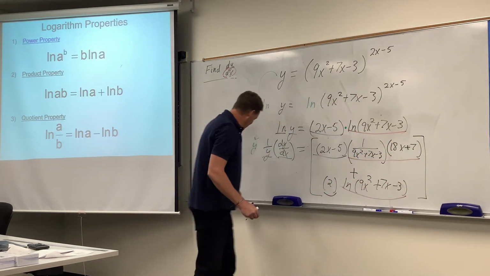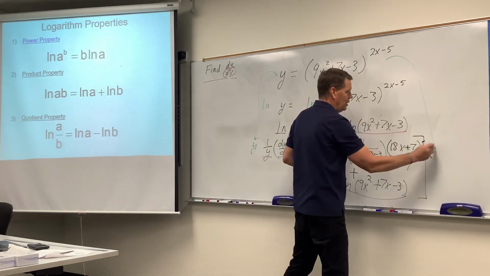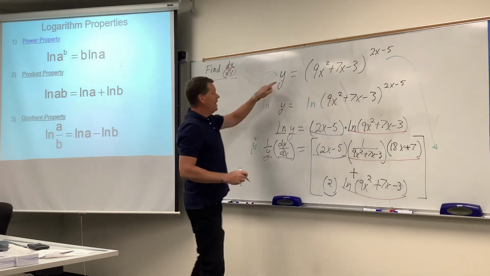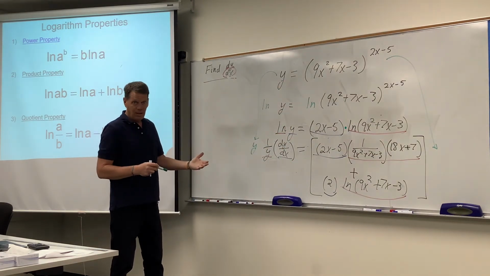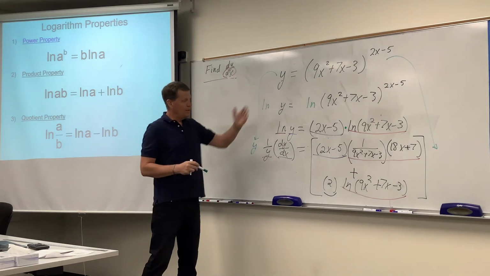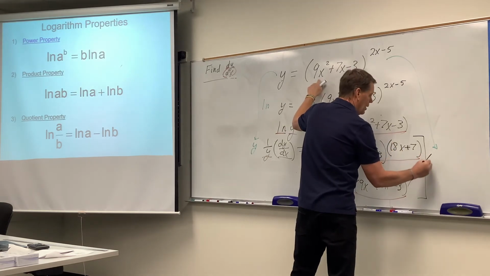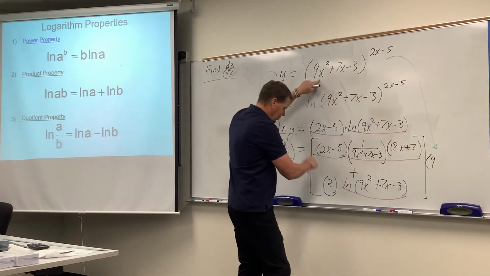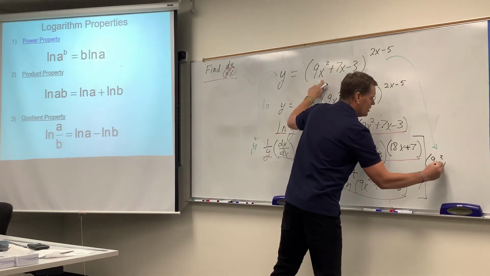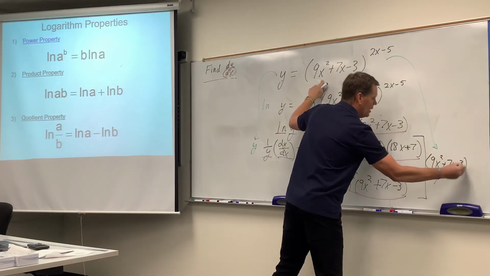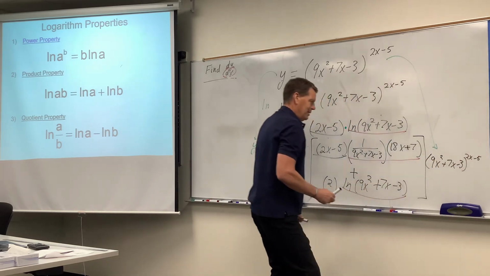And we're going to multiply it by the expression that we were told was equal to y at the beginning of the question. We are effectively multiplying both sides by the same thing, if indeed those two expressions are equal. So the other side gets multiplied by, I hope it fits here, and put a big old grouping symbol around it, 9x squared plus 7x minus 3 all to the 2x minus 5 power. I hope that fit. Yay.